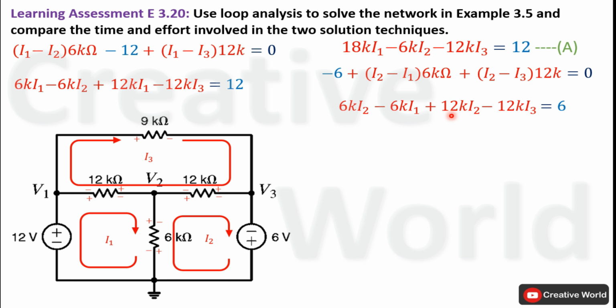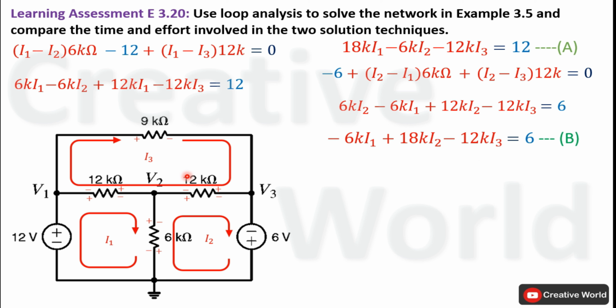Now rearrange the equation and add variables having same values together. Minus 6k I1 plus 18k I2 minus 12k I3 equal to 6. We cannot further solve this equation, so we will leave it for now and label it as equation B.